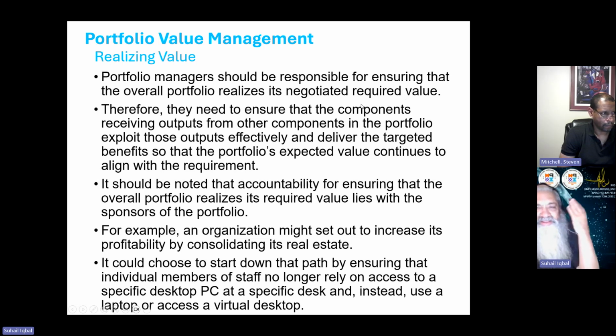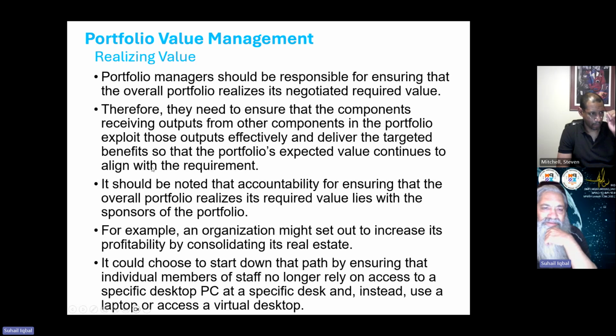So the portfolio manager should be held responsible to ensure they are coming true on those promises. Therefore, they need to ensure that the components receiving output from other components in the portfolio exploit these outputs effectively and deliver the targeted benefits so that the portfolio expected value continues to align with the requirement.